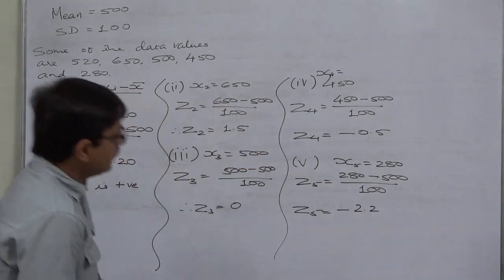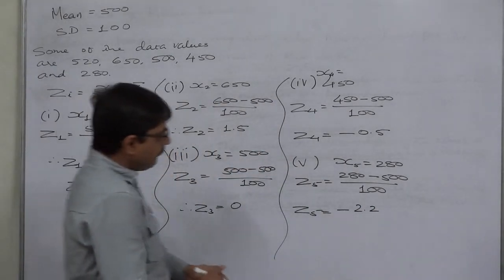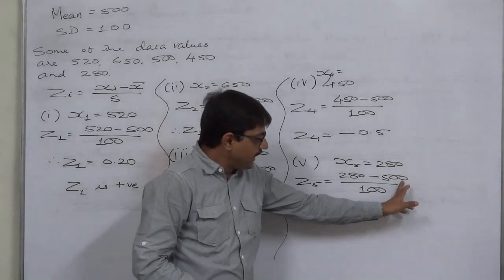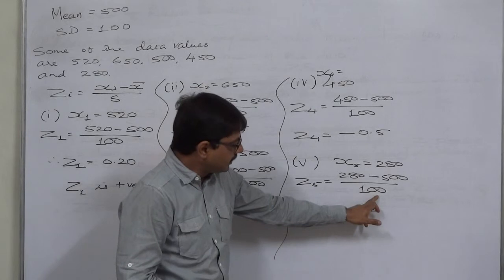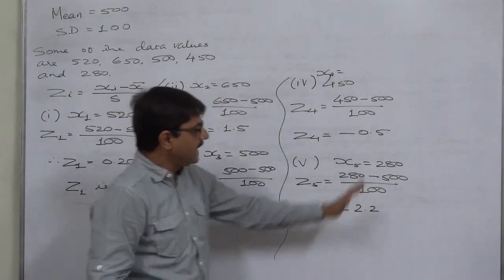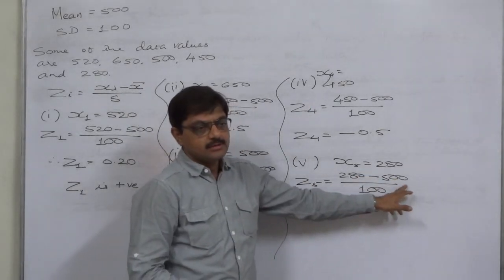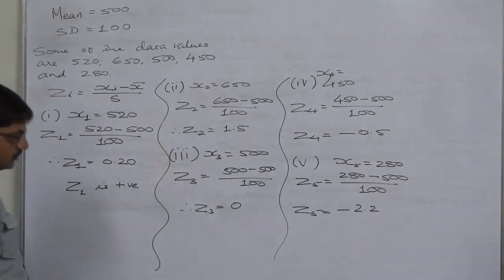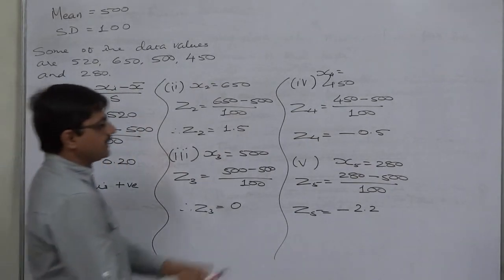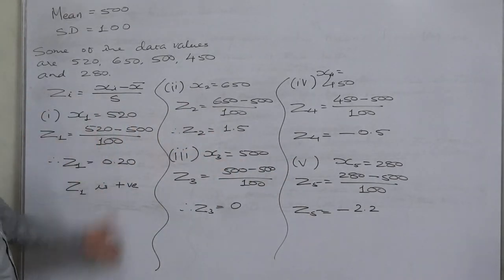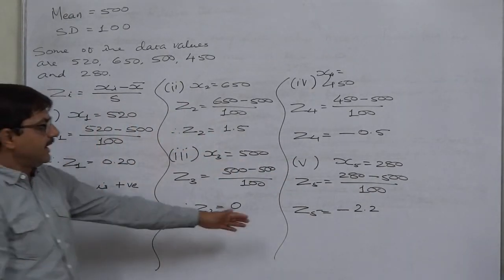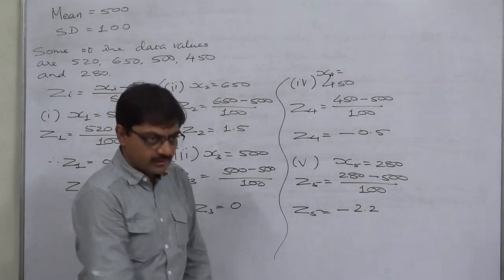That means the data value is very low compared to the mean, 2.2 times the standard deviation below the mean. So this is the interpretation of the difference between any particular data value and the mean with the help of the z score. Okay, thank you.